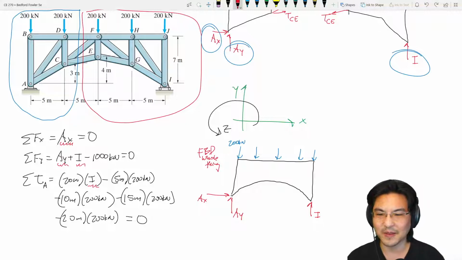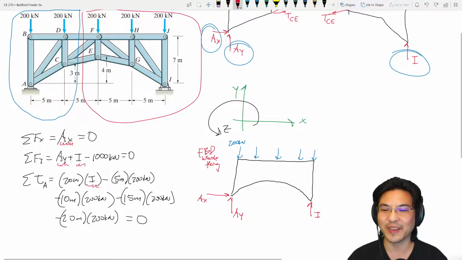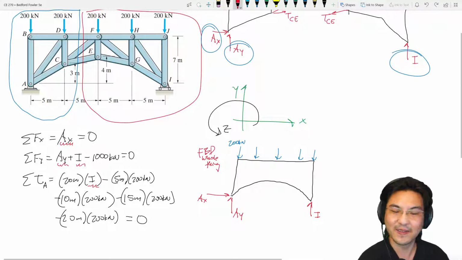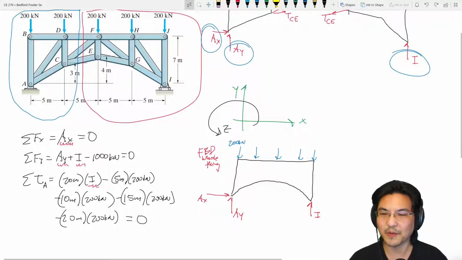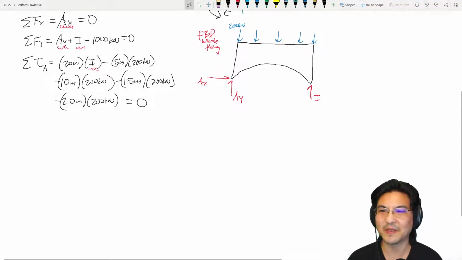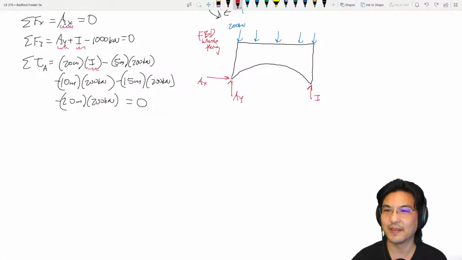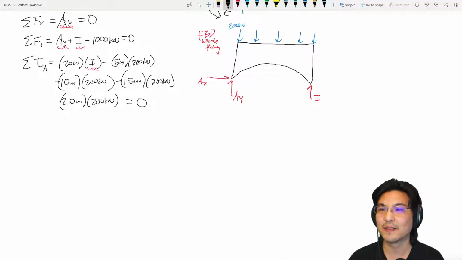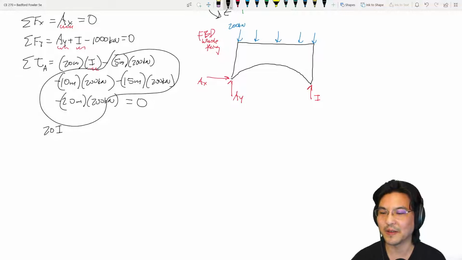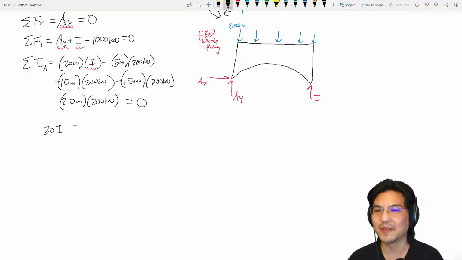Okay, let me pause the recording, and then I'm going to punch this in the calculator. Actually, before I punch in the calculator, I can do a little bit of simplification, right? So for this, I can factor, okay, so I got 20I, and then all of this can go on the other side of the equation, and then I can factor out 200 kilonewtons.